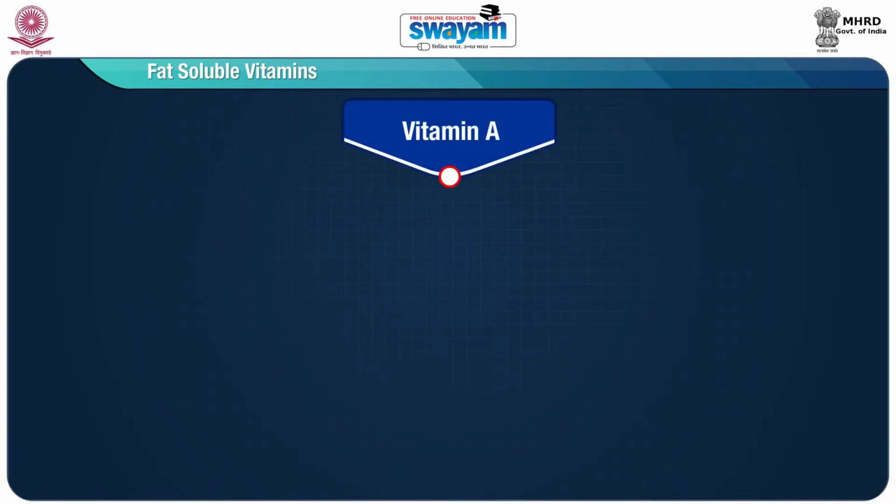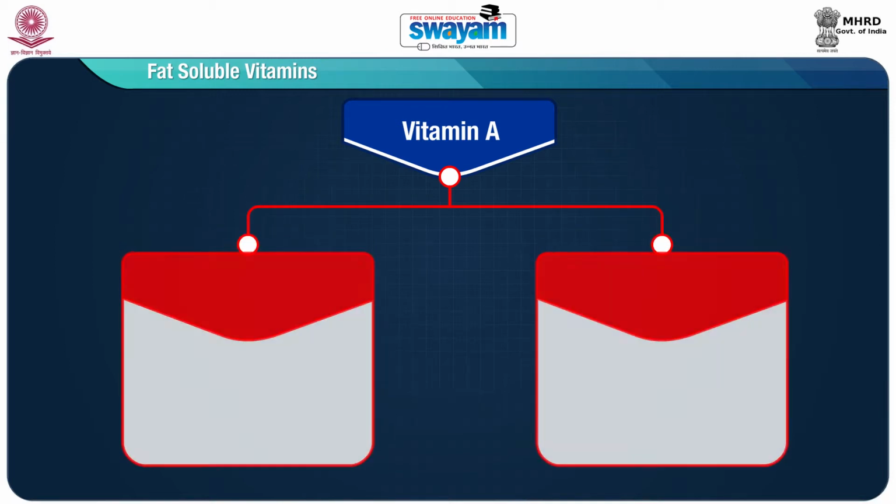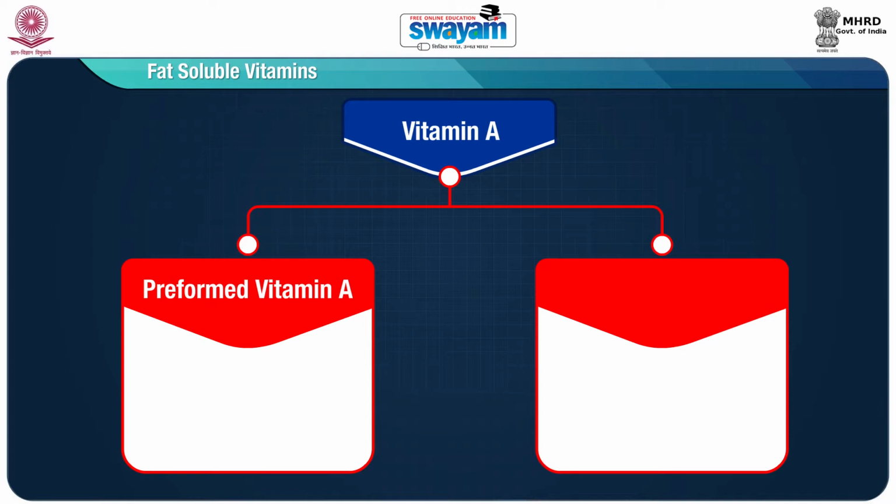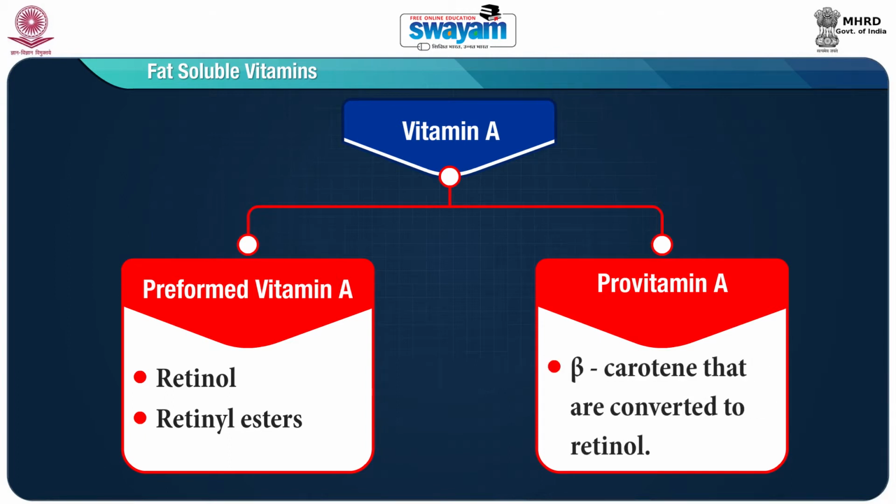Coming to vitamin A, the two main forms of vitamin A in the human diet are preformed vitamin A, that is retinol, retinyl esters, and provitamin A, carotenoids such as beta carotene that are converted to retinol.